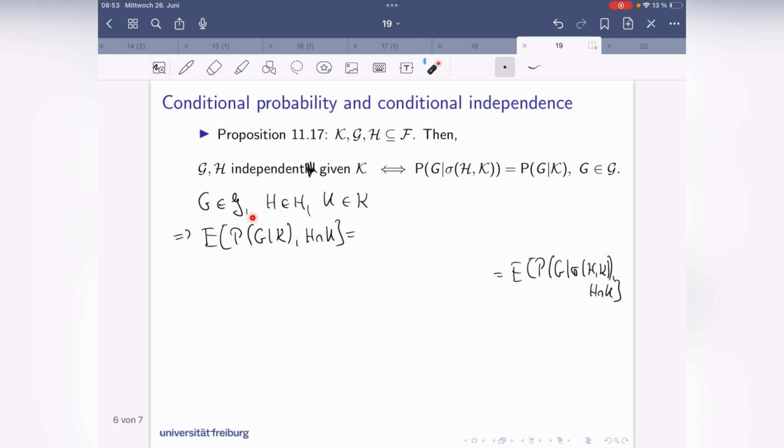And I use this property in order to write the expectation of P of G given K times the probability of H intersected with K given K. But I'm only having H here given K, and I'm pulling out the K, which is measurable with respect to the sigma algebra K. So like this.